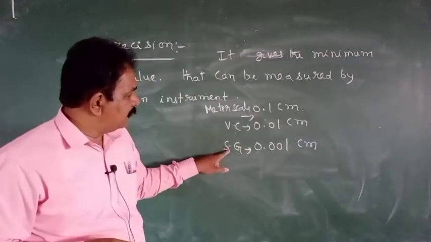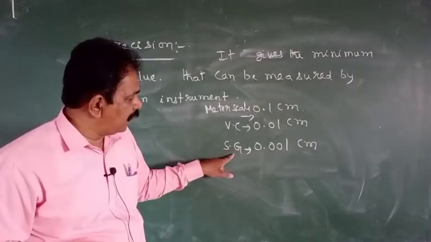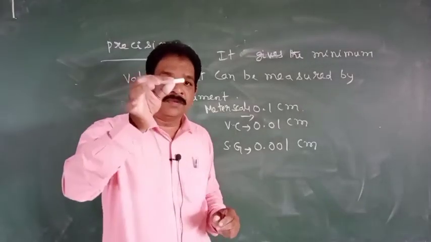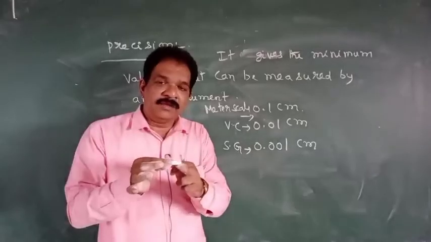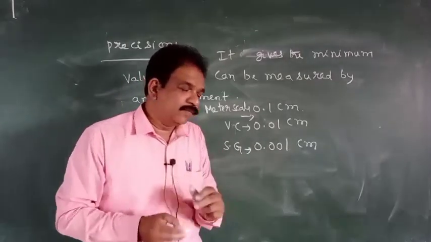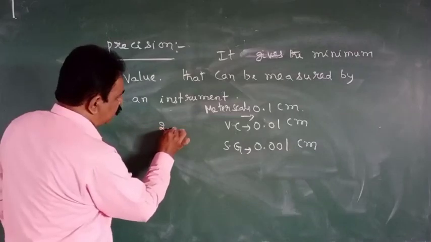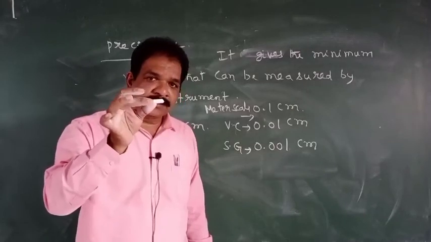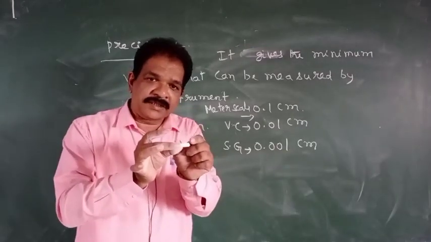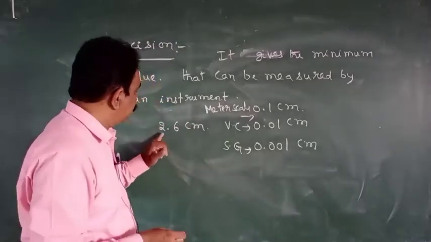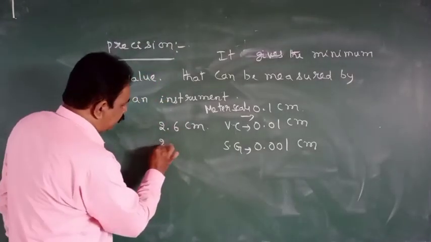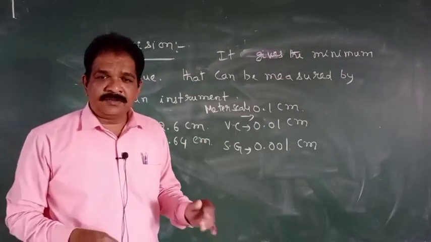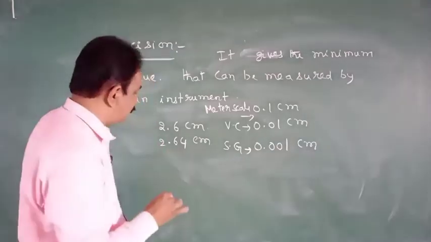So among meter scale, vernier calipers and screw gauge, which will give the more accurate reading? There is a chalk piece, this one. Find its length. I measured using a meter scale and said its length is 2.6 centimeter. Using vernier calipers, the value we got is 2.64 centimeter.